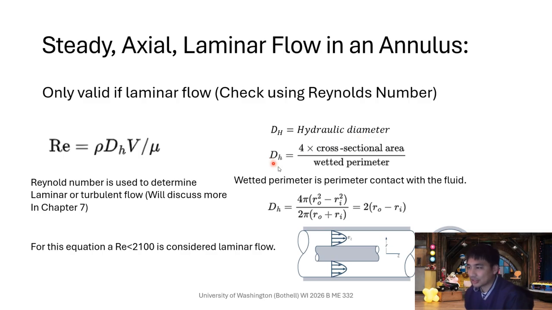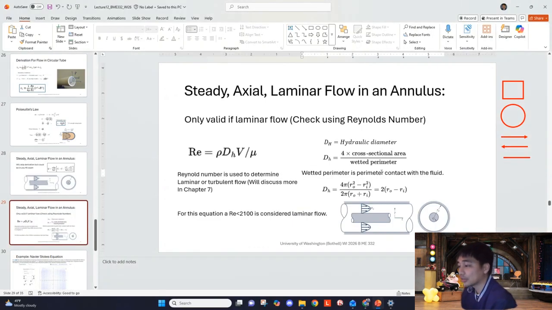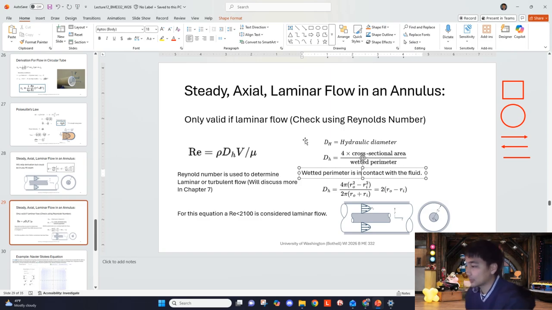And what exactly is hydraulic diameter? It's 4 times the cross-sectional area divided by the wetted perimeter. What is the wetted perimeter? It's the perimeter that is in contact with the fluid. Oh, that's a typo, let's actually fix that right now. I think I had a steady typo earlier too.